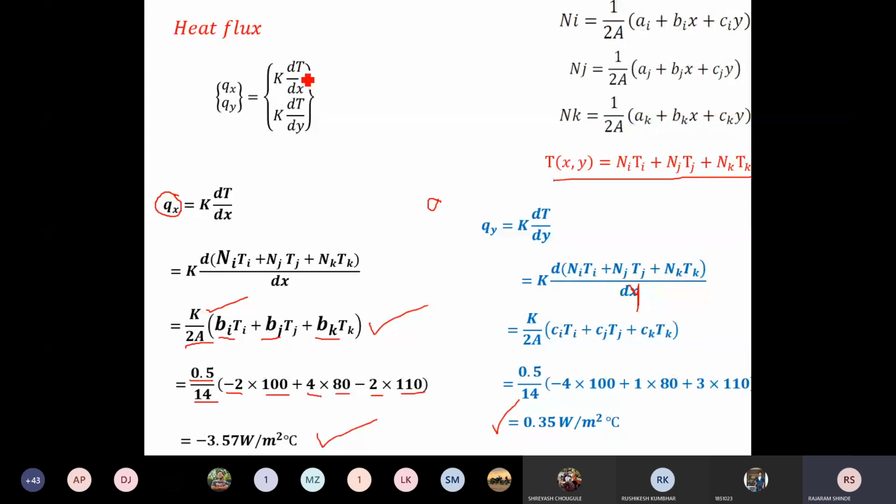See here you have to put these equations. That means you put this T in this equation, that is k into d by dx of Ni Ti plus Nj Tj plus Nk Tk, then k into d by dy of Ni Ti plus Nj Tj plus Nk Tk, like this. Now I will show you how we can solve this by matrix form. Now this is your temperature matrix. If you have this equation for heat flux, that is Qx, Qy equal to k dT by dx, k dT by dy, now you replace this T by this equation, directly by matrix form.